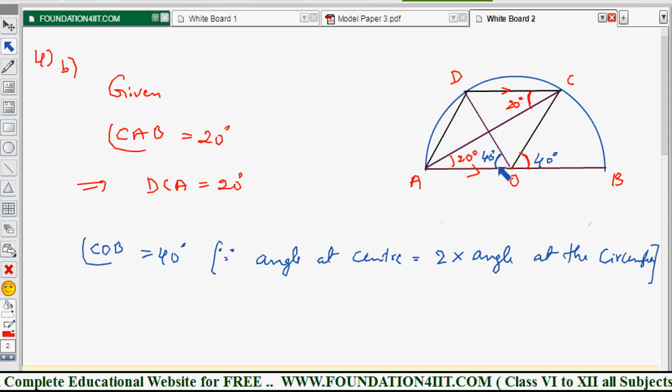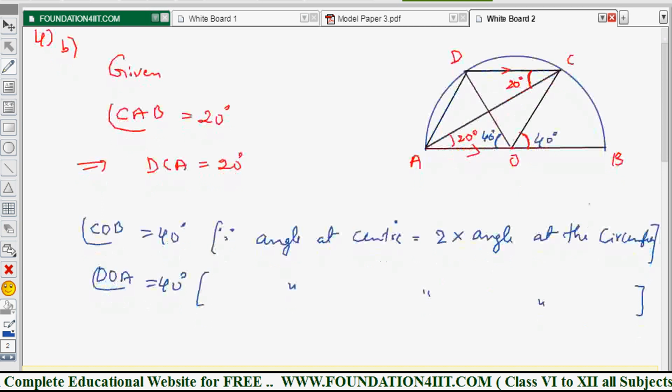So it's 20, which means this also must be 40. Same rule for DOA, so DOA is also 40 degrees and the reason is the same.